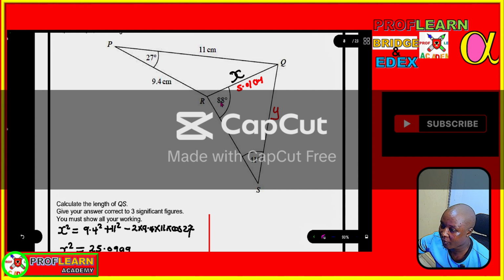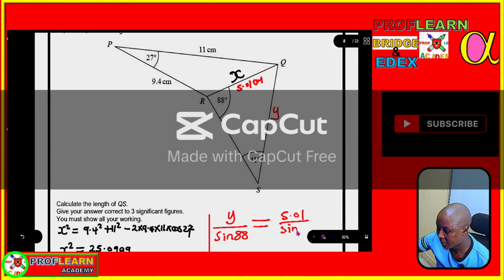So meaning if you have this 8, we can say y over sine 88 is equal to this value that we got here, 5.01 over sine of 41.